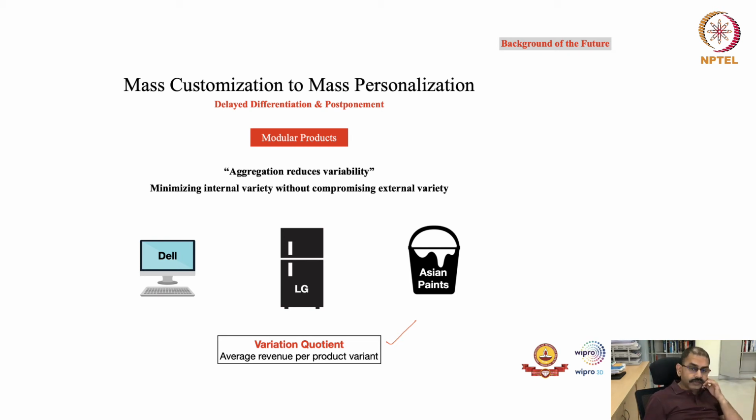Some of these companies have this number very small, right? Because they customize the product based on the customer requirement, right? So it may happen that you have one product variant which is specific to only one customer, correct? So the companies which may be successful are those which have a low variation quotient. It means that the average revenue per product variant is very small.